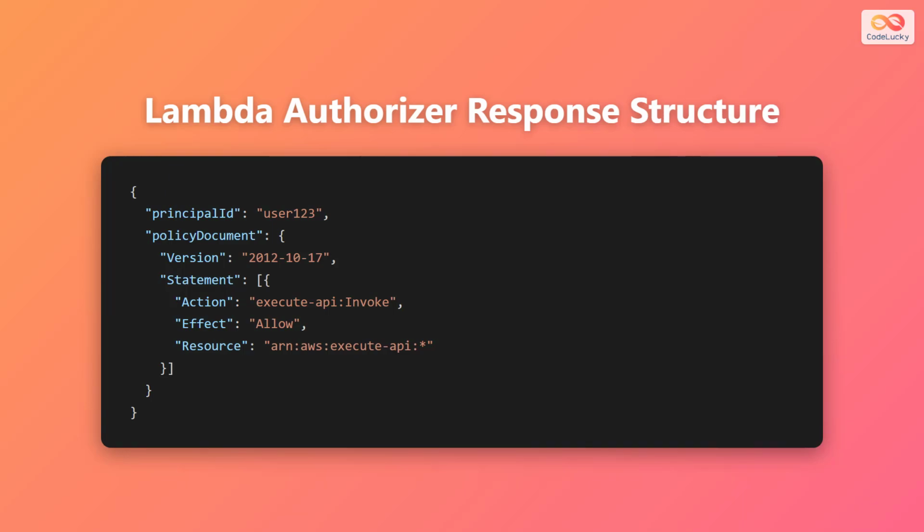Each statement specifies the action, such as execute-api:Invoke, an effect which can be either allow or deny, and a resource field that defines which API resources the caller can access. This structure gives you fine-grained control over what each authenticated user can do.